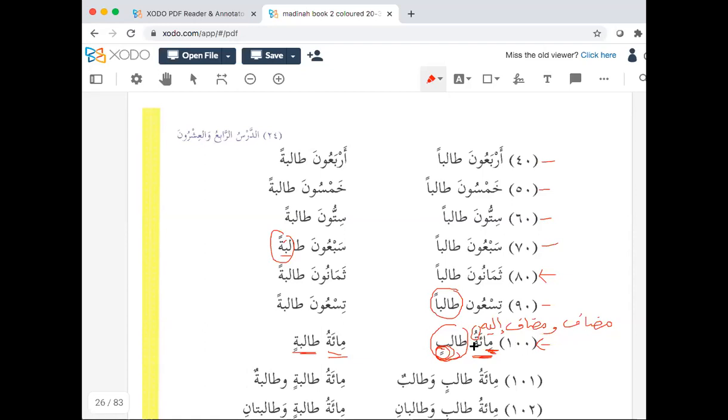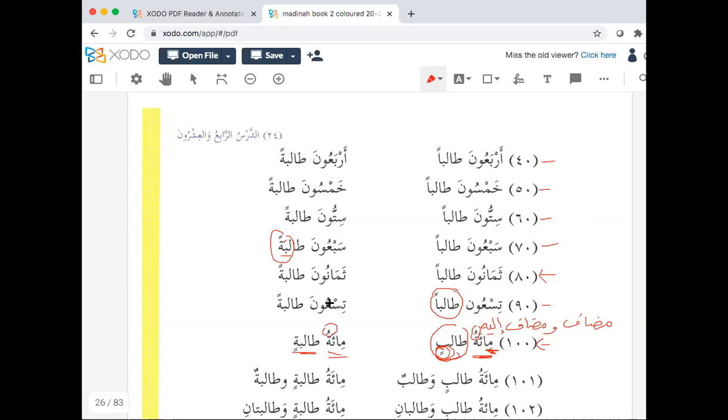So don't think that this ta marbuta is there because this is mu'annath, because the ma'dud is mudhakkar. And in the second situation, no, the ta marbuta shouldn't be there. No, that's not the case. The word is mi'atun, and that doesn't change. However, mi'atun can, this dhamma can become a fatha or a kasra, depending on the i'rab of the sentence.